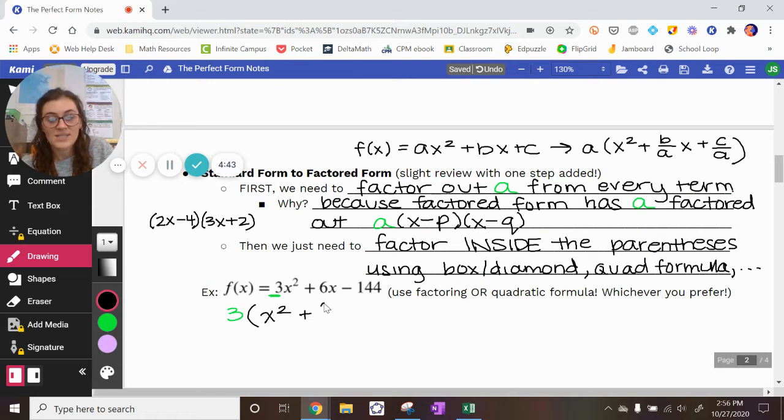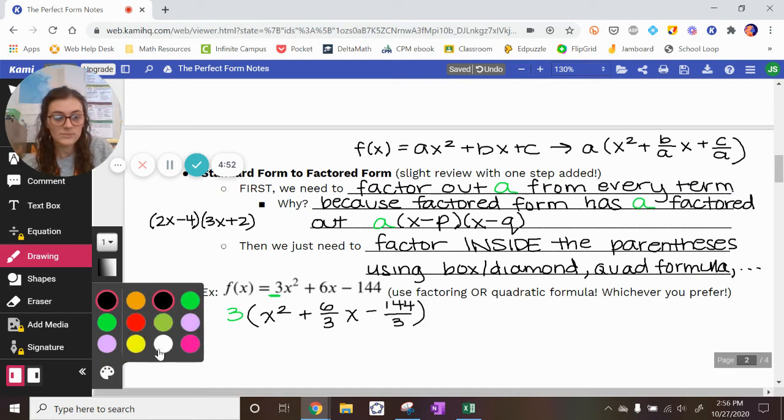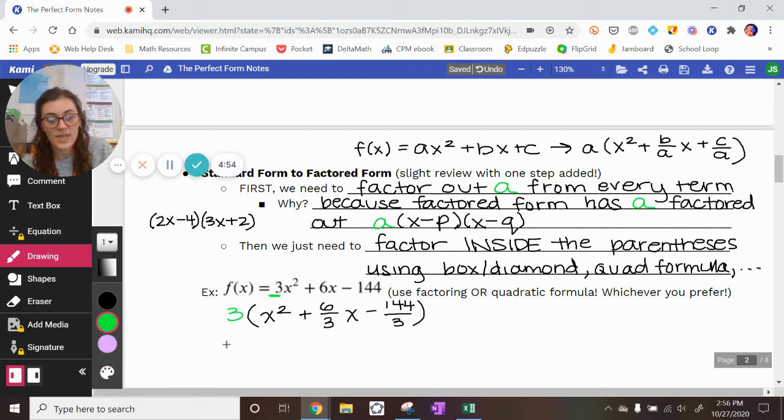We have to divide 6 by 3, and we have to divide that 144 by 3. And so what we'll end up with is 3 times x squared plus 2x minus 48.